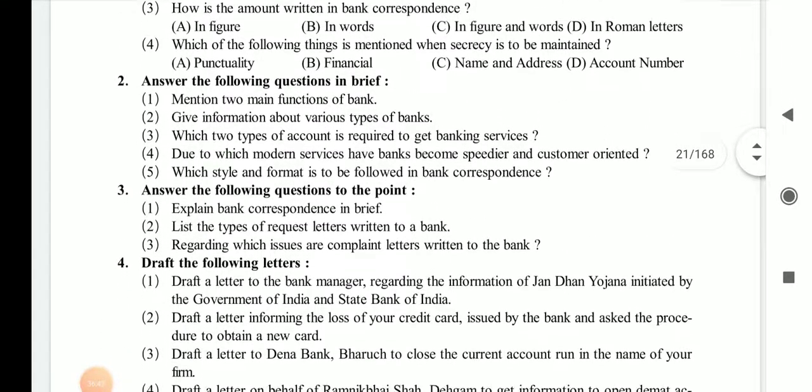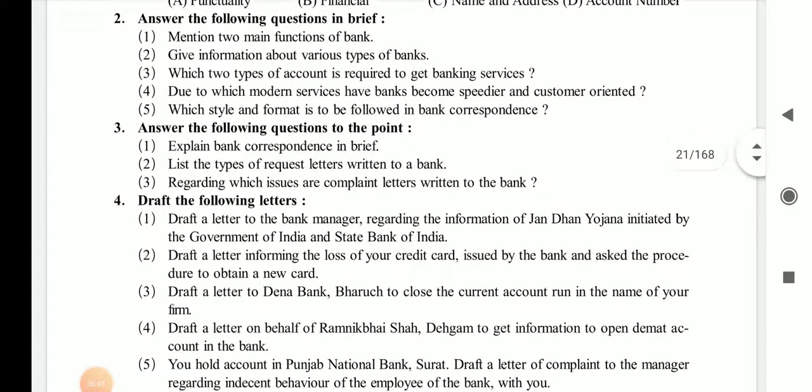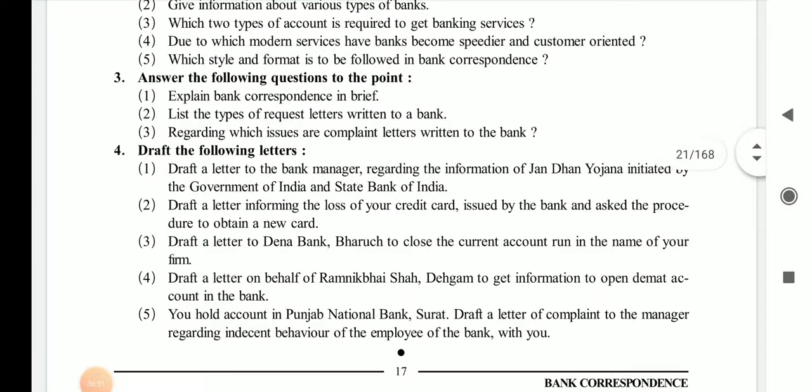Now it is your responsibility, students, to go through the letters given in your textbook after the completion of the chapter, in the exercise, and at present you can see them on your screen also. There are four or five letters given in the textbook, and these are very important letters.